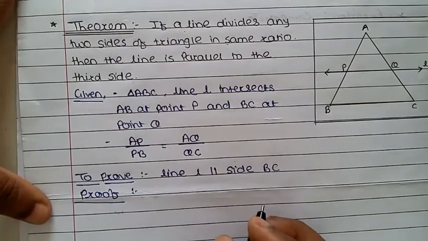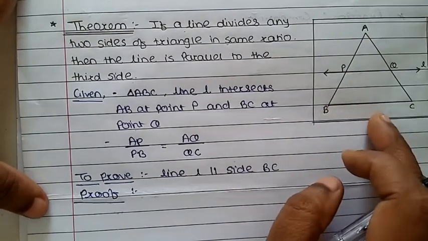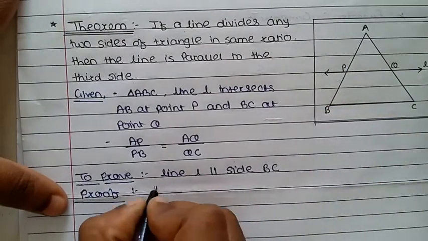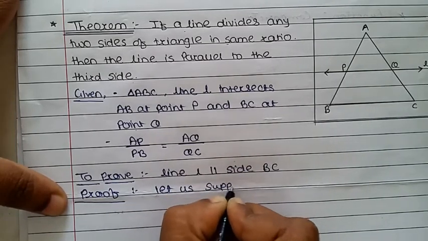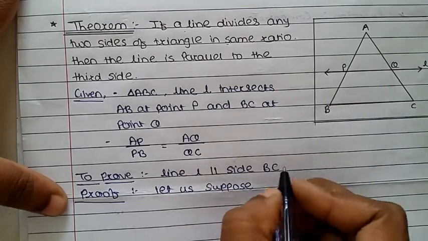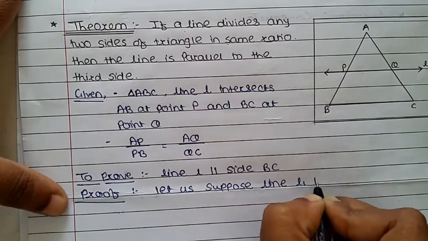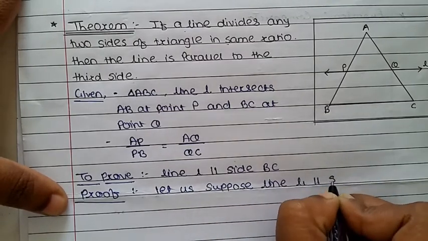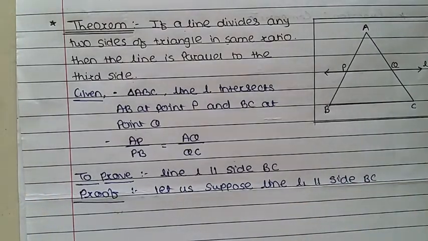Proof. Suppose we draw here one line which is parallel to the side BC. Let us suppose line L1 is parallel to side BC. We have to draw this one. We draw one line called L1, and this line is parallel to side BC.